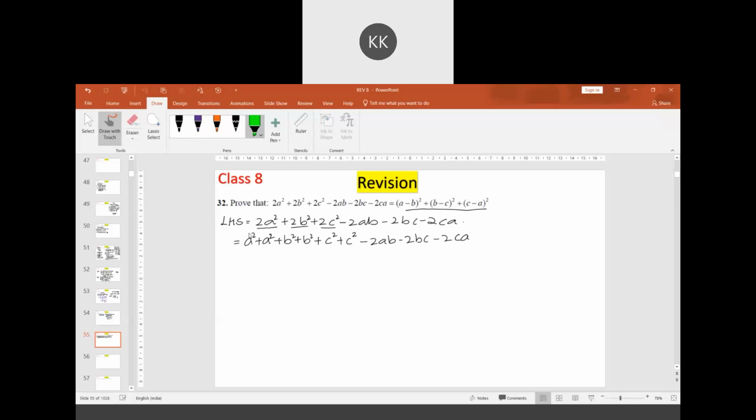Just observe this term a square plus b square minus 2ab. The combination of these three will give a minus b whole square. Isn't it? Yes, sir. This is a minus b whole square.